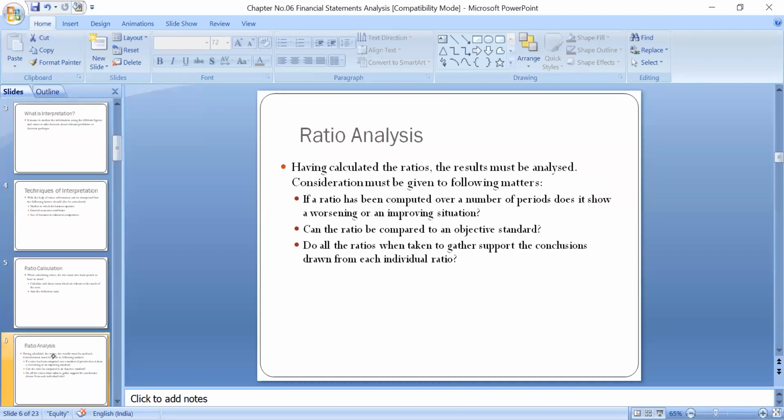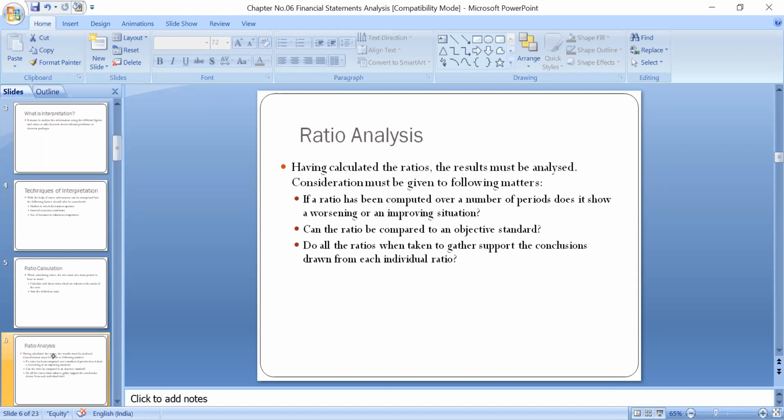So this is the whole process of interpretation. First we will calculate the ratios. Having calculated the ratios, the result must be analyzed. Consideration must be given to the following matter. If a ratio has been computed over a number of periods, does it show a worsening or improving situation?